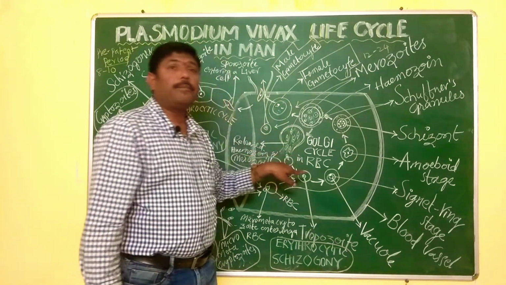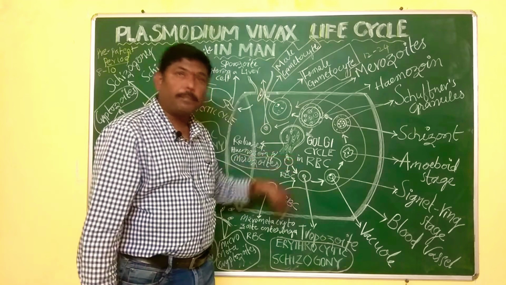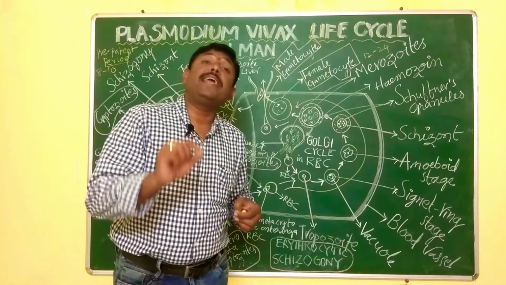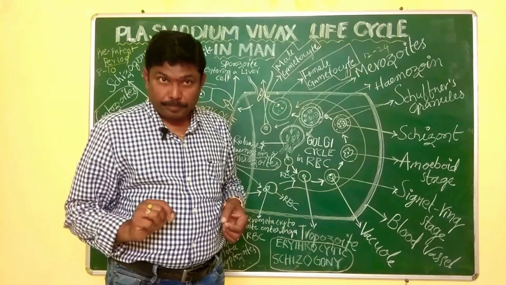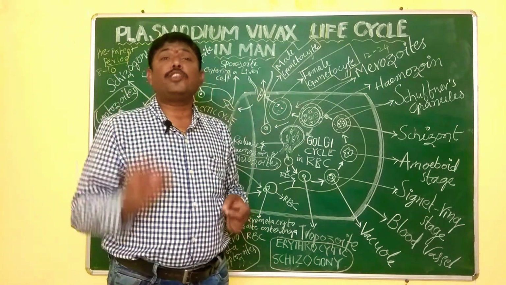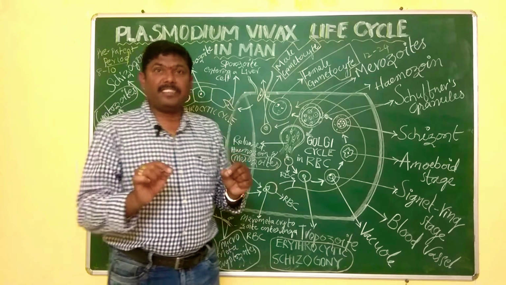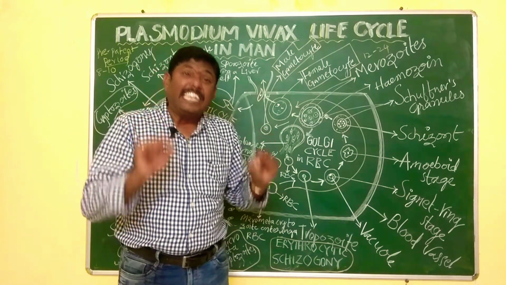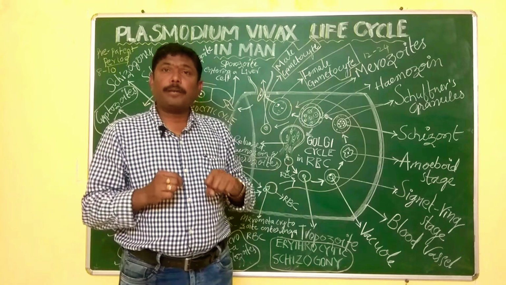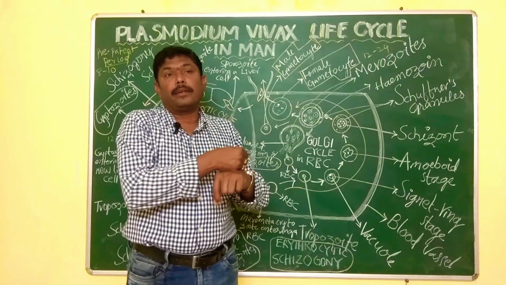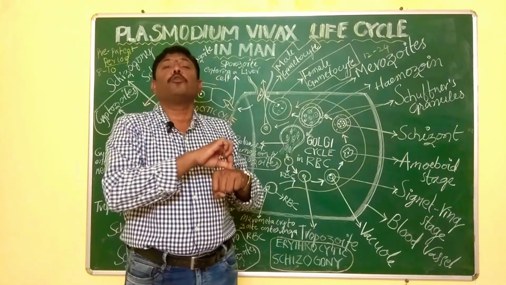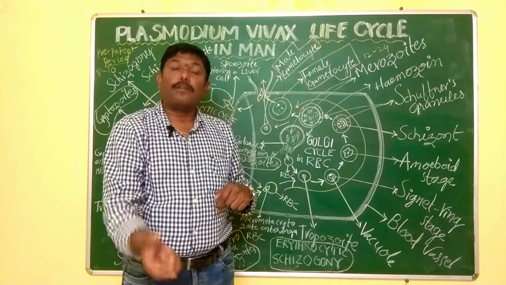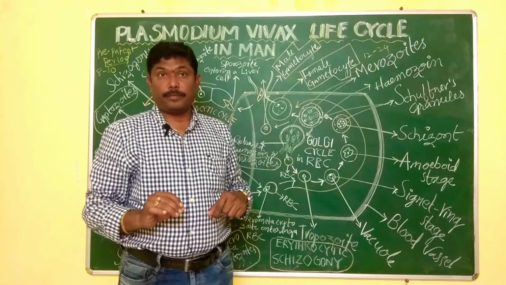And after completing our life cycle in RBC, we have what means incubation period. What is incubation period? It is the time interval between the entry of Plasmodium into the man in the form of sporozoites and first appearance of malarial symptoms.